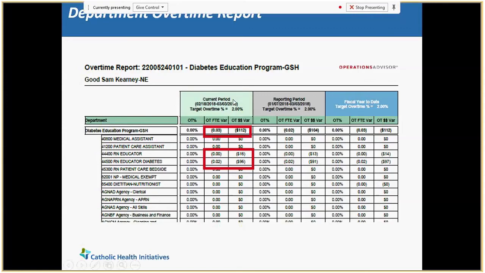It's saying based on the number of paid hours in this department, we should have seen overtime. But in reality, there wasn't any. So there's a negative variance. It's not real intuitive, but that's the way it works as of today. So really, these should just be zeros because you're achieving the target, you're beating it. But just don't let these negatives throw you off.